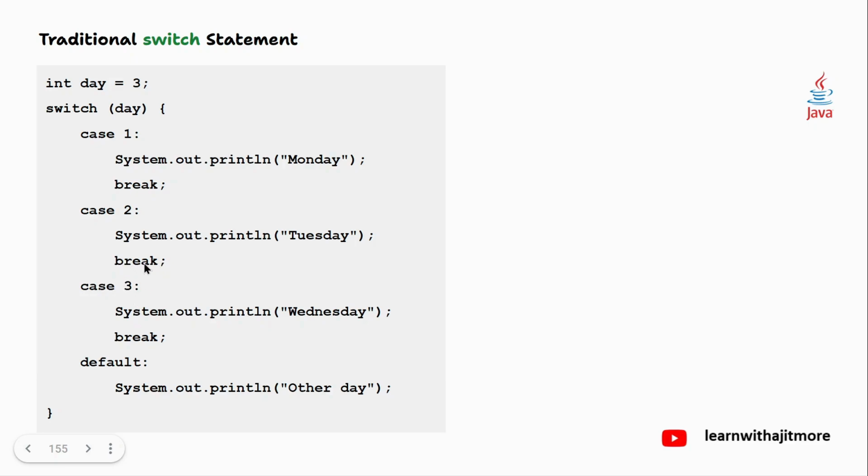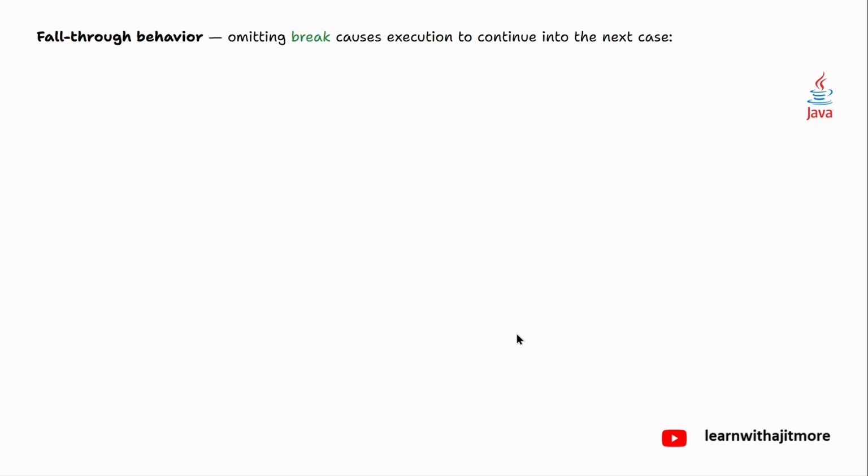If the provision, meaning break, is not there, there will be a fall through. So in our case day is 3. Is it matching with 1? No. Is it matching with 2? No. Is it 3? Yes. Yes, so it will come inside, do this execution, that is SOP Wednesday. After that break, as there is a break, it will come out. Okay?